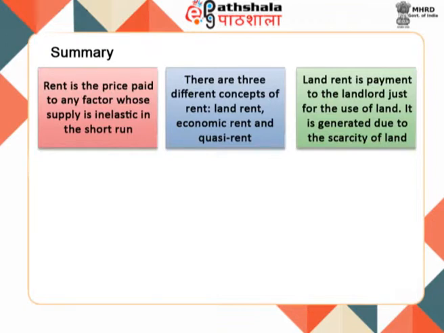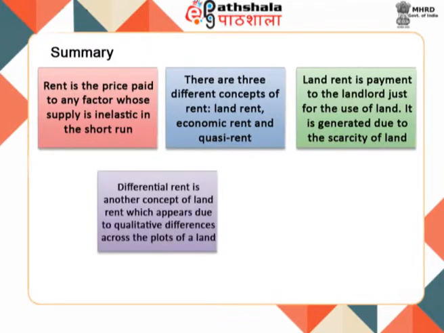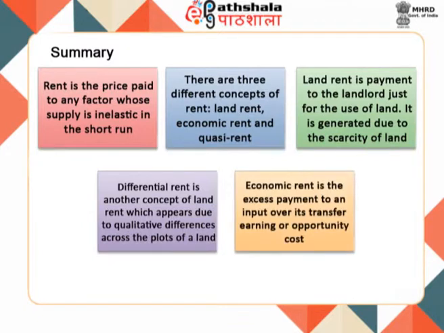It is generated due to the scarcity of land. Differential rent is another concept of land rent which appears due to qualitative differences, for example, fertility, across the plots of land. Economic rent is the excess payment to an input over its transfer earning or opportunity cost.